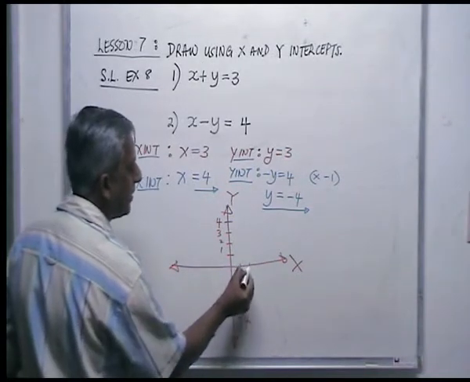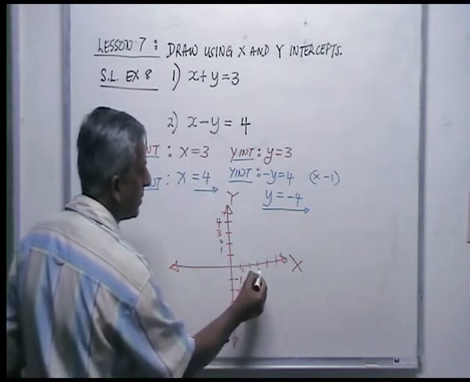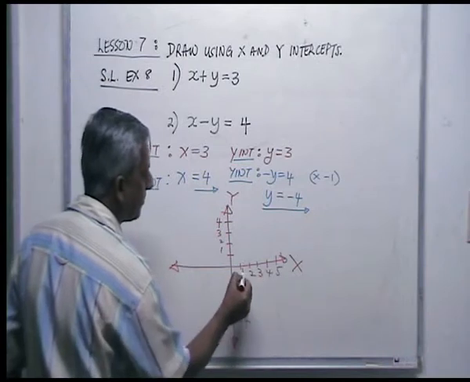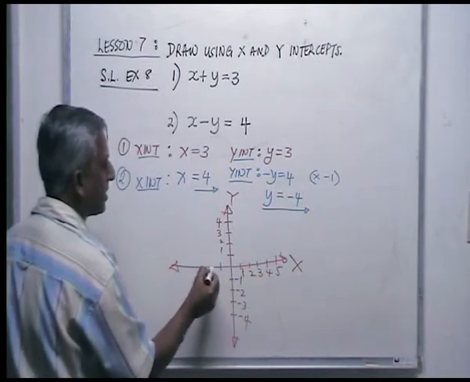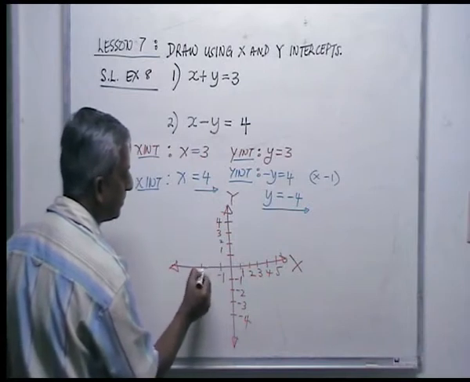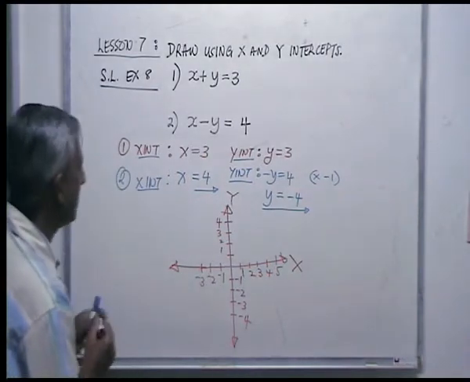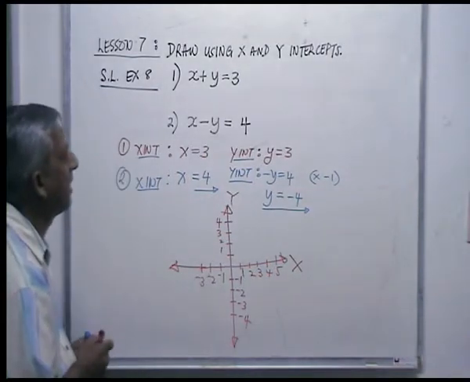On the x we need 1, 2, 3, 4, 5. And on this side we've got minus 1, minus 2, minus 3.